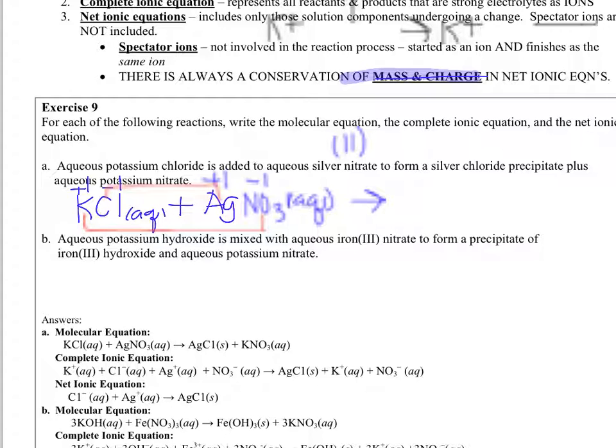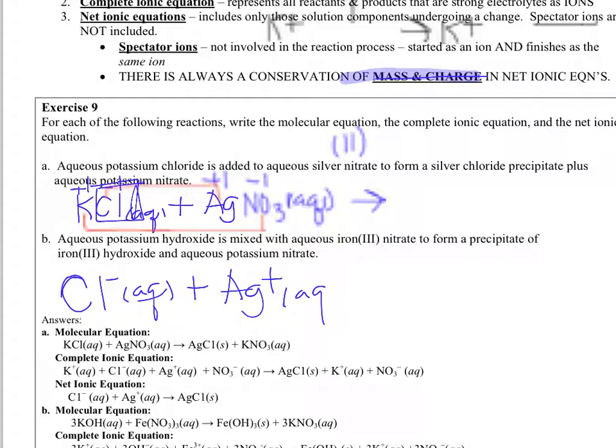So we have the chloride ion from this potassium chloride that's going to react. It's in aqueous form, plus the silver ion from the silver nitrate, also in aqueous form, and they create silver chloride, a solid.